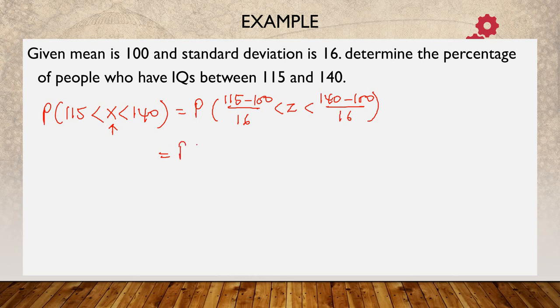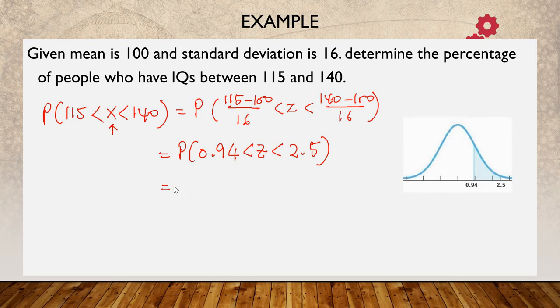So here 0.94, and z for 140 is 2.5. Okay, that's how I get 0.94 and 2.5.